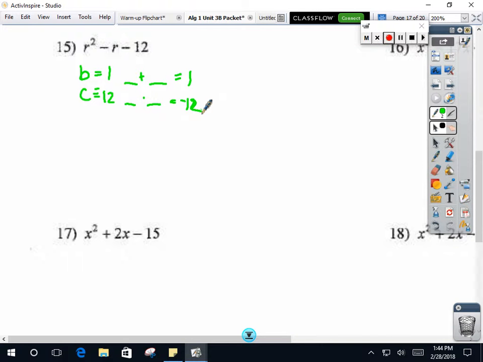Your B value. Right. That's going to make a 1 when you add them. 12 and 1 will make a 12 when you multiply, but will it make a 1 when you add?